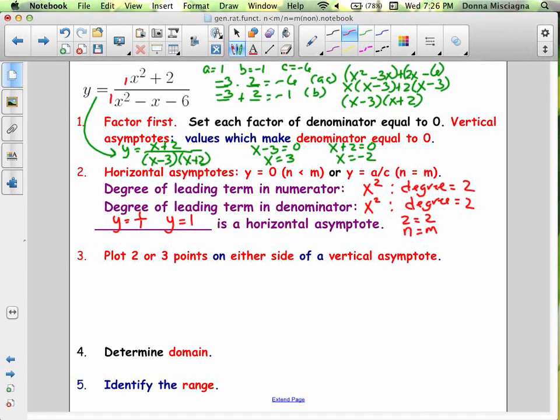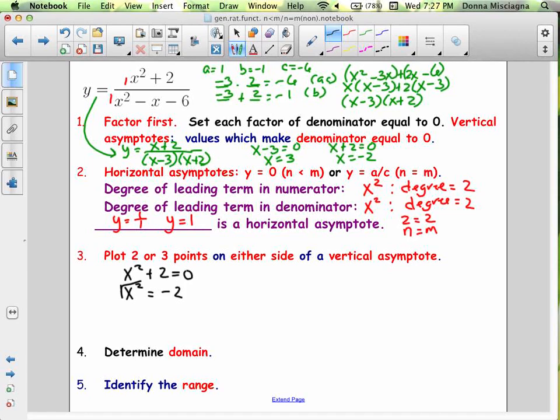Let's find the x and y intercepts. And again, we'll do the shorter method. We're just going to set the numerator equal to 0, because a fraction equals 0 where the numerator equals 0. But now look what happens if we try and set x squared plus 2 equal to 0. We would have x squared equals, we'd subtract 2 from both sides, so that would be negative 2.